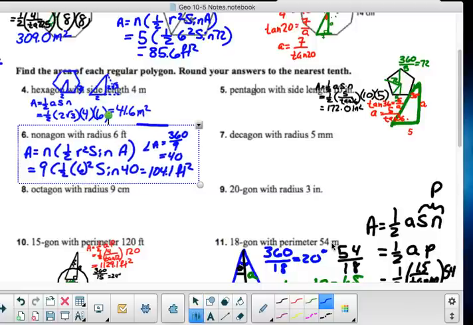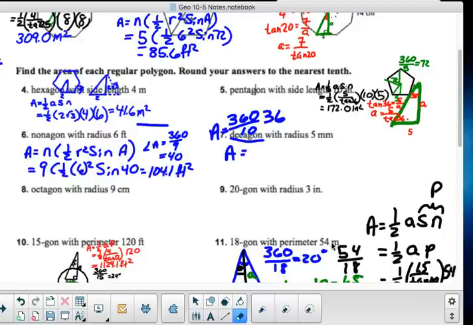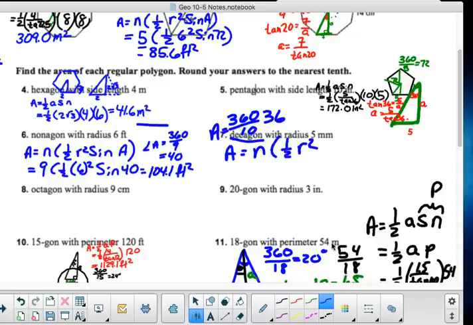So now, a decagon, a 10-sided figure. I'm going to go 360 divided by 10. A is 36. My formula: area is equal to 1/2, the number of triangles. The number of triangles is the number of sides, there are going to be 10 of them, times 1/2 R squared, my radius is 5 here, sine of A, which we just found was 36.